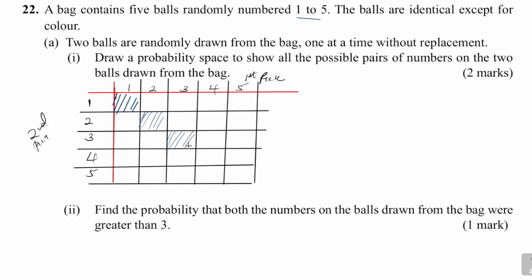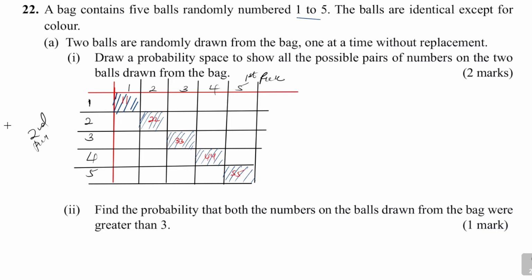We shall not consider these, because these balls will have the same number. They will bear the same number, the ones that I'm blocking here. The first one here, as you can see, you have 1, 1. This one we have 2, 2. We have 3, 3. We have 4, 4. And then we have 5, 5.